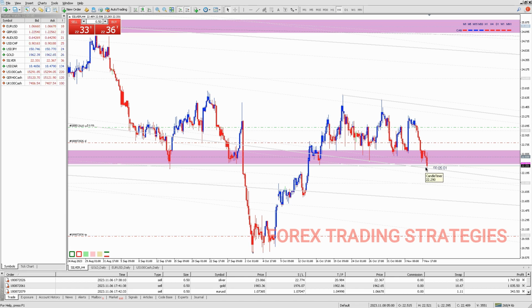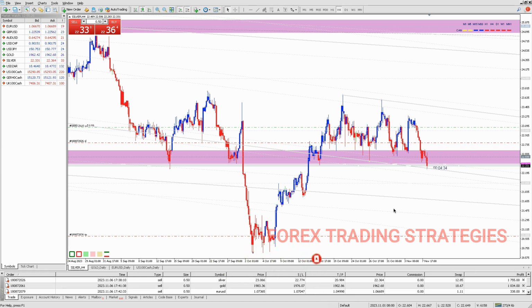But because I hold trades for a very long time, I actually have several TPs. Because I entered here, this was my first TP, and this will be my second TP there, and around here will be a third one, around here a fourth one, around here a fifth one. It goes on like that.